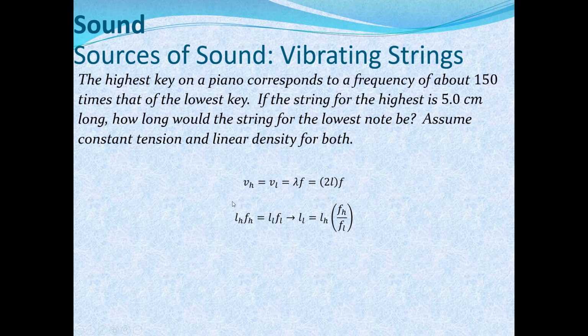Setting the high end equal to the low end, again, we see that there's an inverse relationship. So we just take the 5 centimeters of the high string, multiply by 150, and we get that the low end of the string ends up being 7.5 meters.